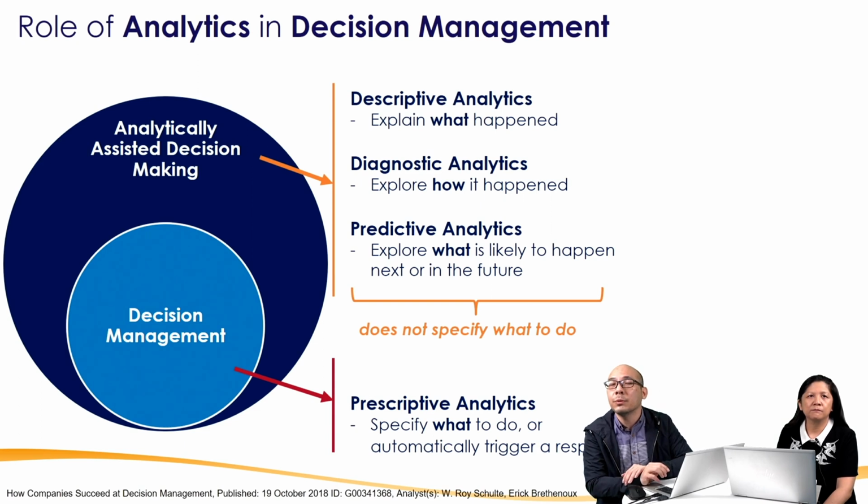Ladies and gentlemen, as you know, in terms of the analytics maturity model, it started with descriptive analytics, basically to explain what happened. Subsequently, we can carry out diagnostic analytics, which explores how it happened, and subsequently predictive analytics to explore further what's going to happen next in the near future.